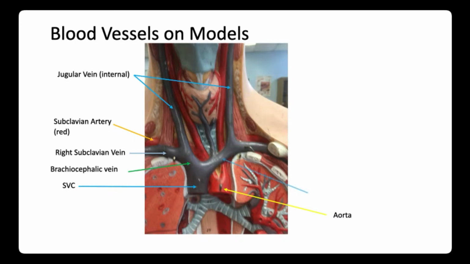Yeah, that's right. That's the aorta. How about here? That's right. Left brachiocephalic vein. Here. Right on. Left subclavian vein.